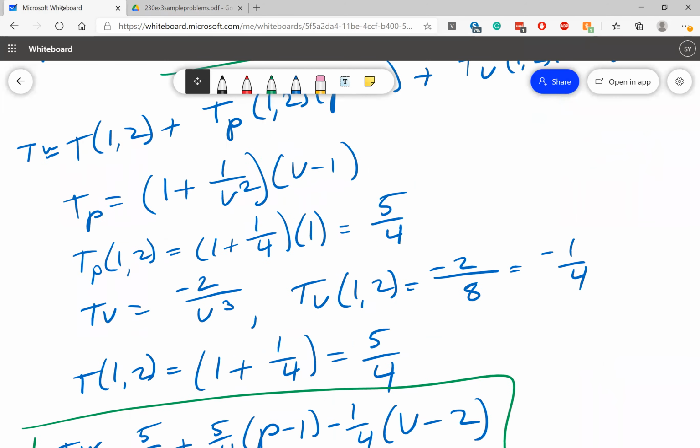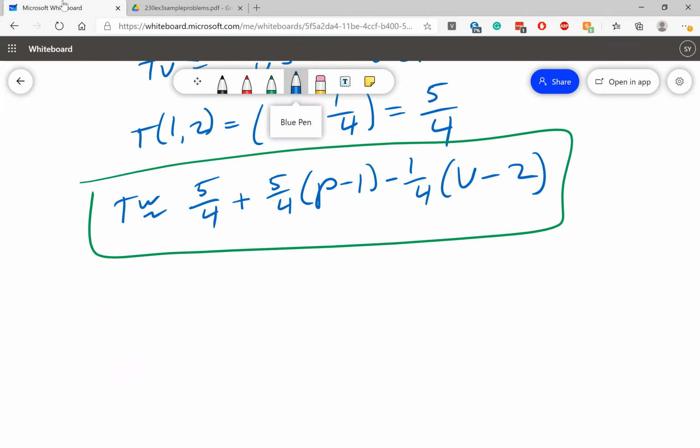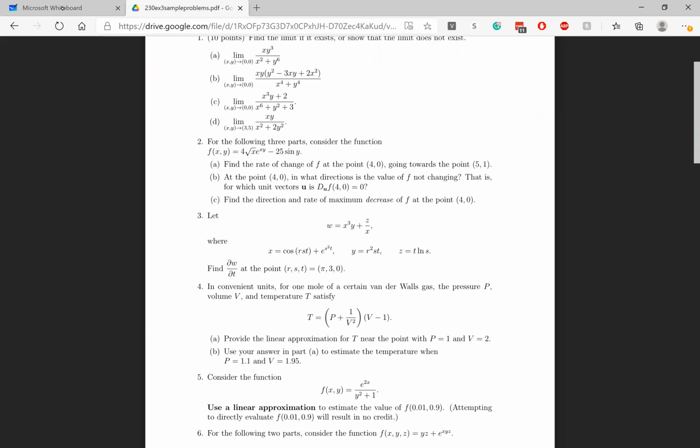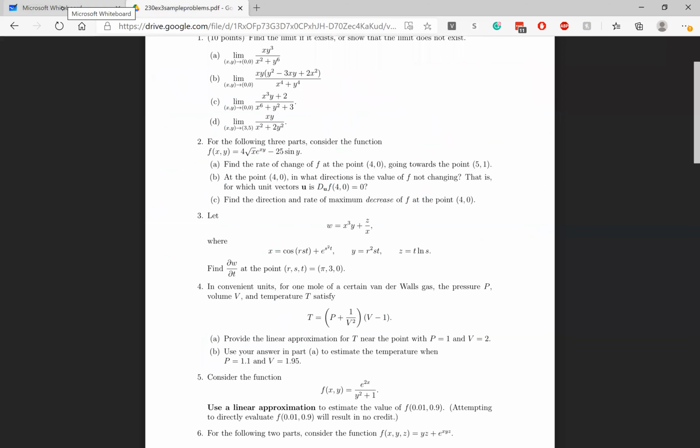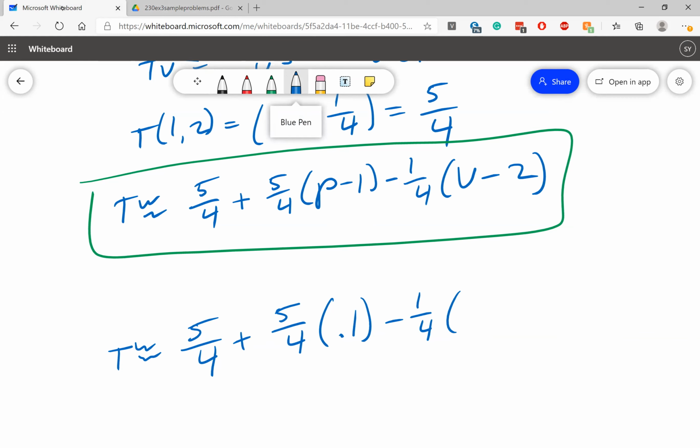So that would mean that T at that point would be approximately 5 over 4, but it was at the original point, plus 5 over 4 times 0.1 minus 1 over 4 times negative 0.05, so plus 0.05. So this would be the answer.